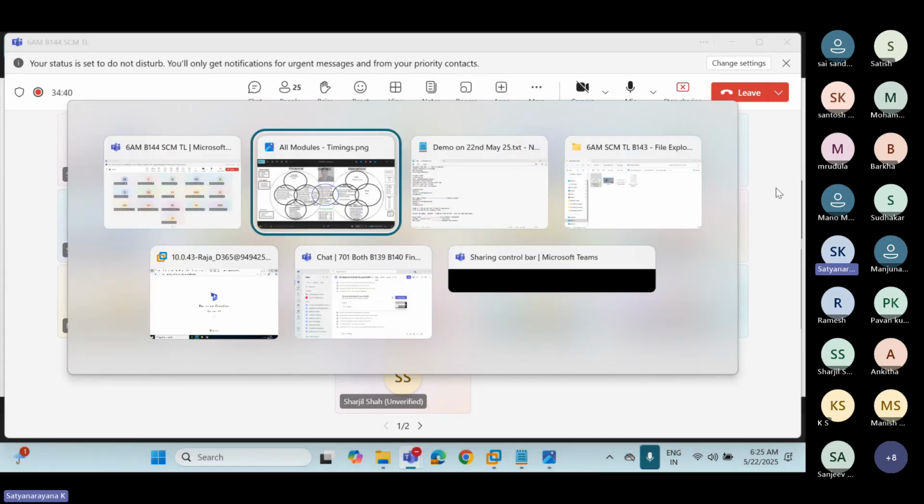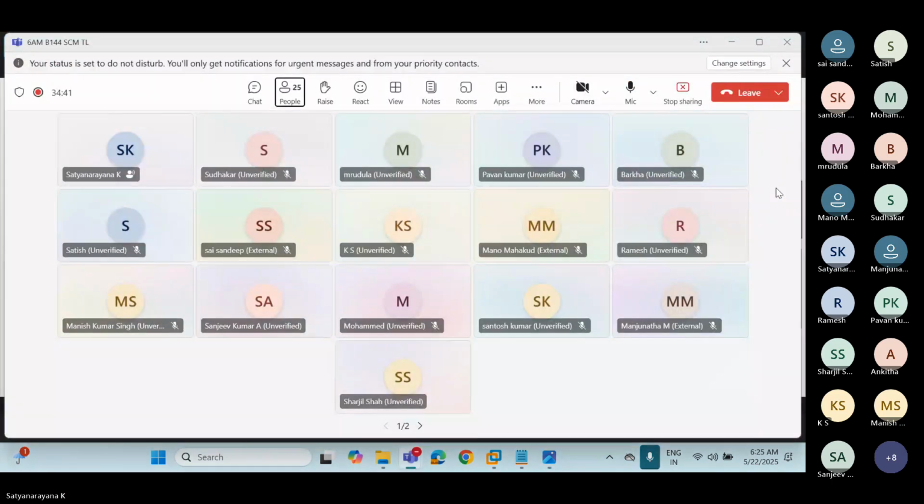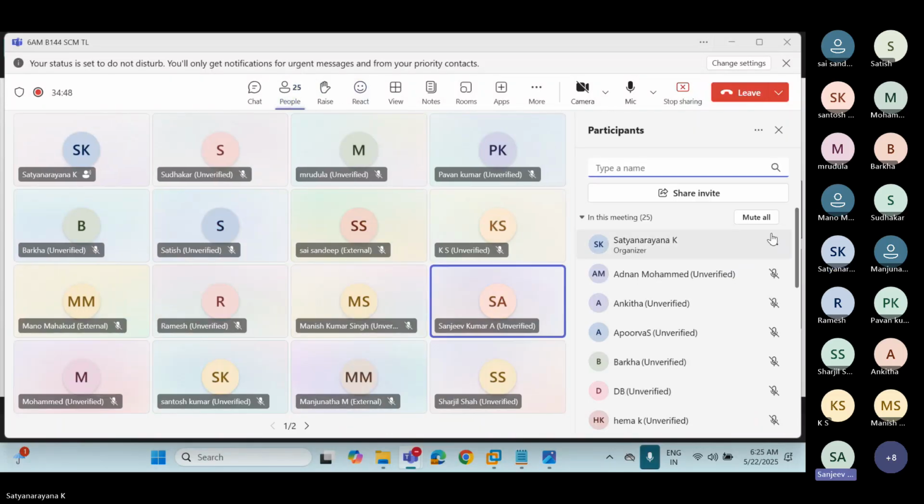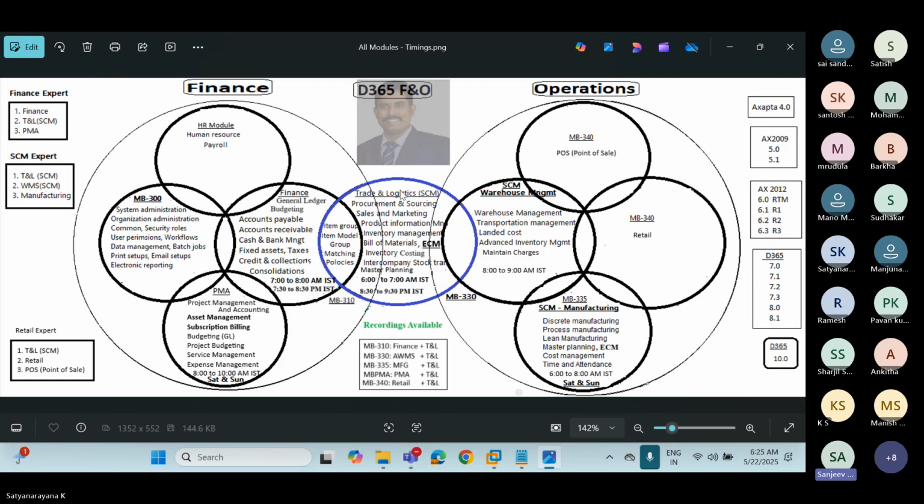Fine. Any more questions, please? Satya, can you give the course content? Like these are the topics we're going to cover in 10 weeks. All these modules I will teach except reports. I will not teach reports. These modules I have clearly mentioned: procurement and sourcing, sales and marketing, product information management, inventory management, master planning, engineering change management, inventory costing, intercompany stock transfer.